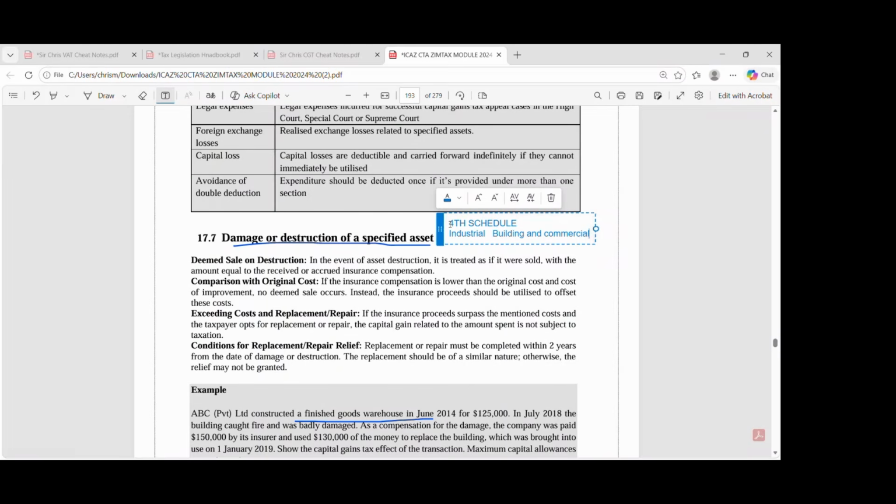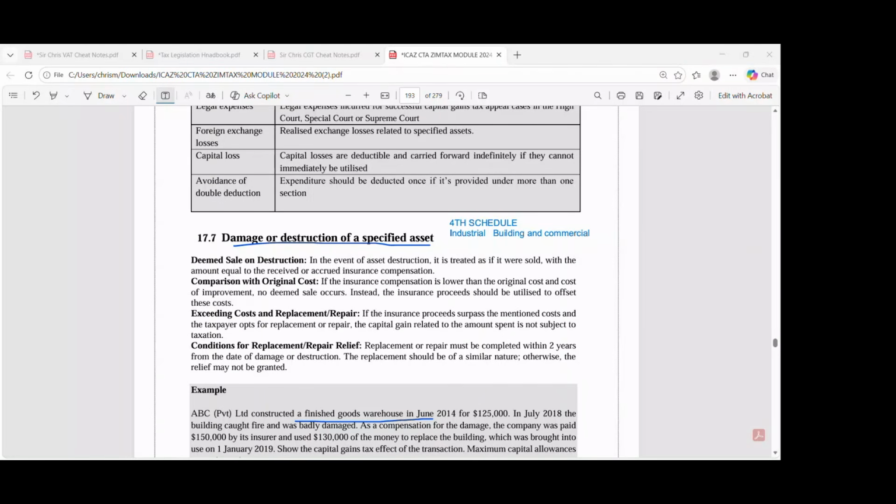So here, if they are saying this is a finished goods warehouse, a warehouse can be a commercial building if we are using it to store goods we have bought already finished. But if we are using the warehouse to store goods which we have manufactured, it's an industrial building.